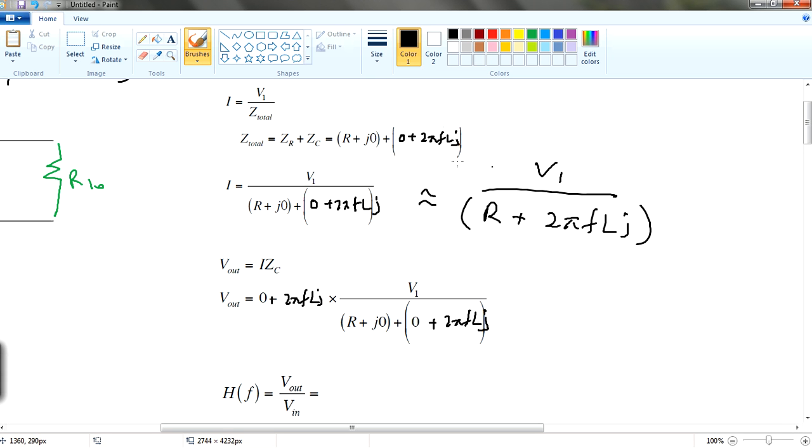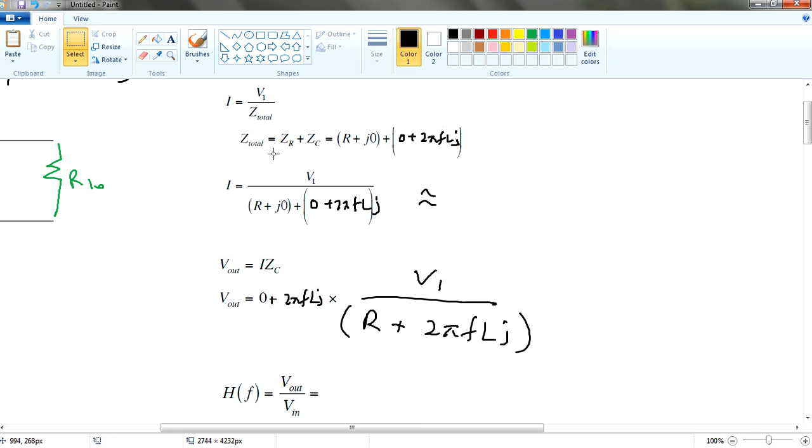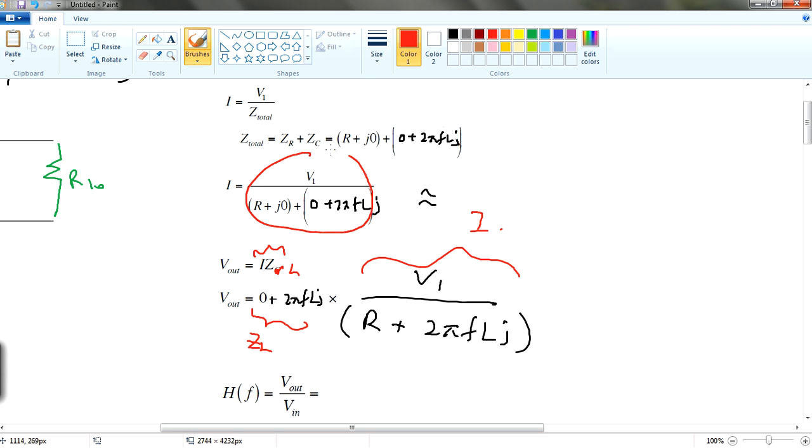After I sum them up together, this is I, so I can simply put over here, because V equals IZ. Actually this is ZL already, the inductor. So this is my current, which is this one over here.